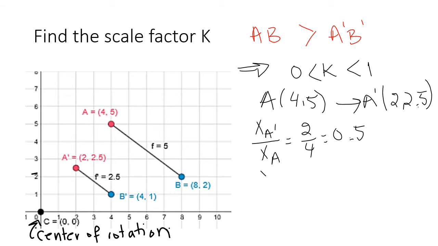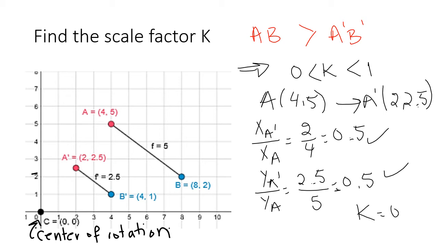Then y of A prime over y of A, to make sure, is 2.5 over 5, which is 0.5. So I can say my scale factor is correct. It is between 0 and 1, so K is equal to 0.5. That's how I find it. Another way is taking the lengths of the segments.